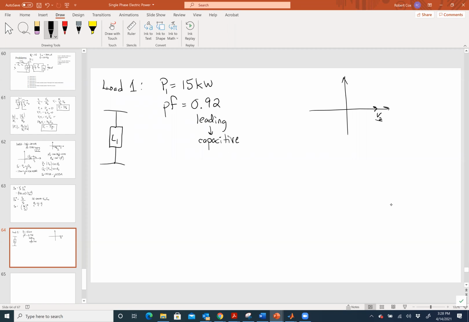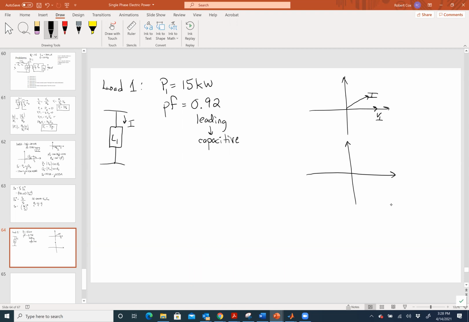This is V1. The current, I'm just going to call this I. Where is that current? First quadrant. That current will be in the first quadrant, because it's a leading power factor. I leads V, so its angle is ahead. What does that mean about the power triangle? Where's it going to be?